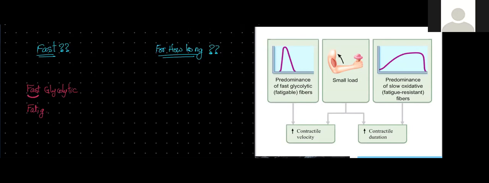Which one is going to be faster? Fingers. So if you flex your finger and extend your finger, it's going to be much faster than flexion and extension of your spine, of your back.